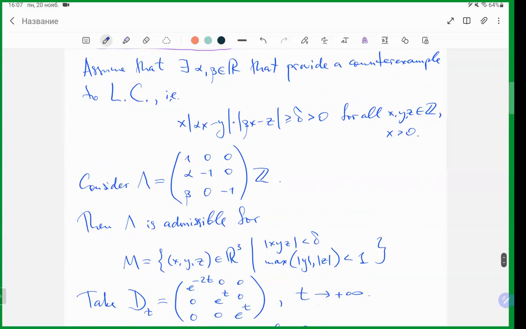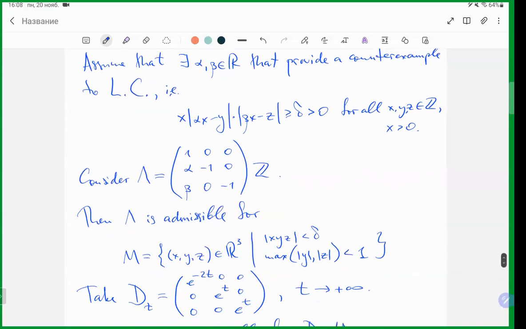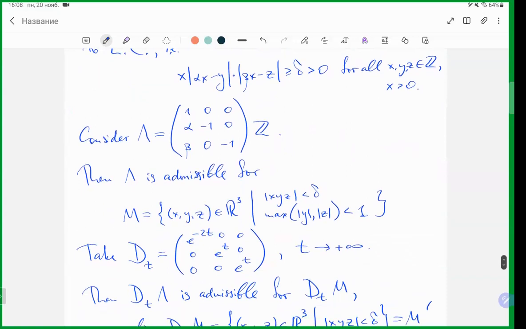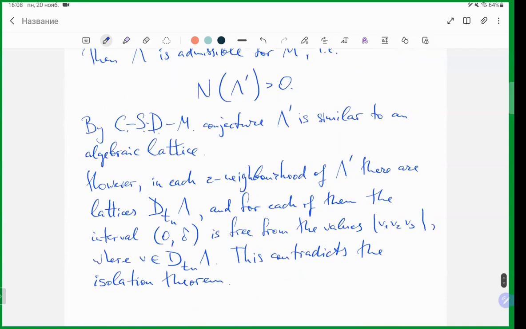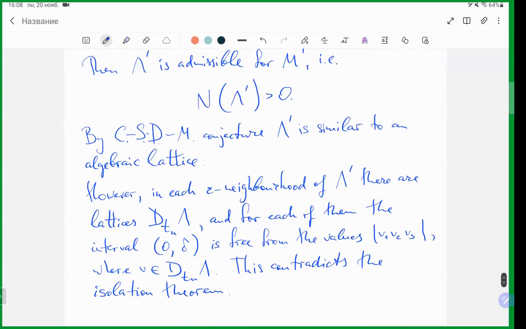What can you say? I do not understand well what you are asking. You just finished deducing Littlewood. Yes, I have proved Littlewood, but with the help of this very strong conjecture.